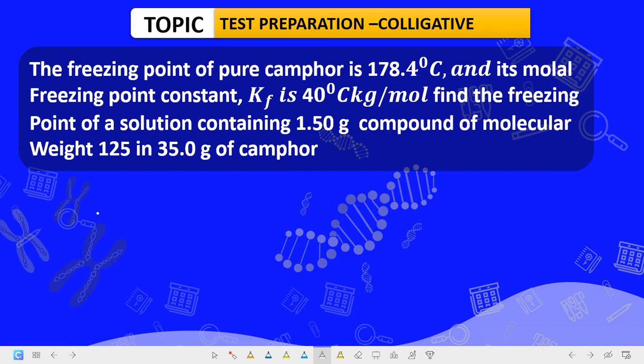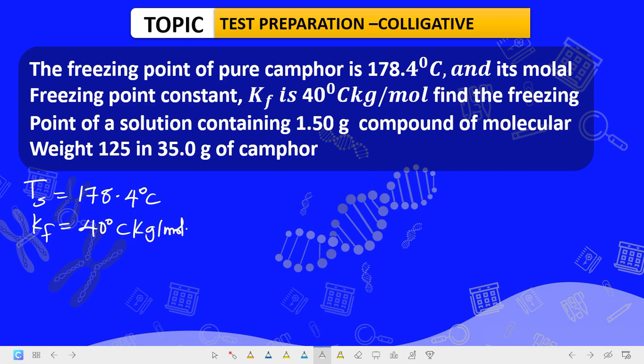The question says the freezing point of pure camphor is 178.4 degrees Celsius, and its molar freezing point constant Kf is given as 40 degrees per kg per mole.